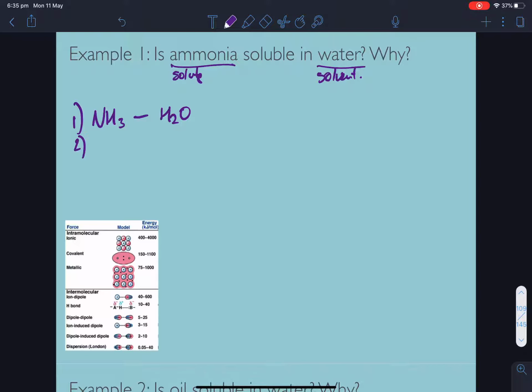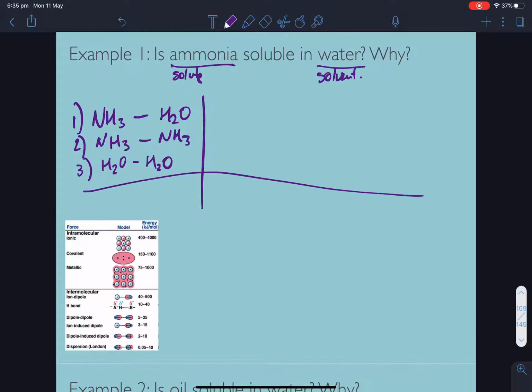Then we need to consider the interaction between ammonia and ammonia, and then the third possibility, water to water. We need to discuss what intermolecular forces exist between these molecules. The skills we were building earlier will help here, and it will help to draw them. Remember, water is bent.